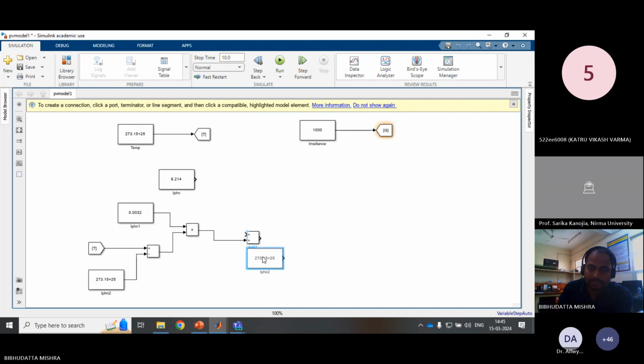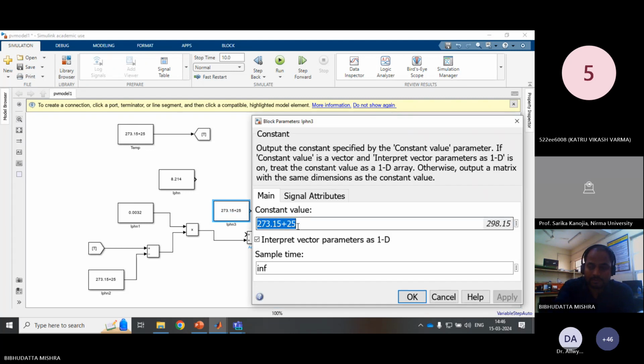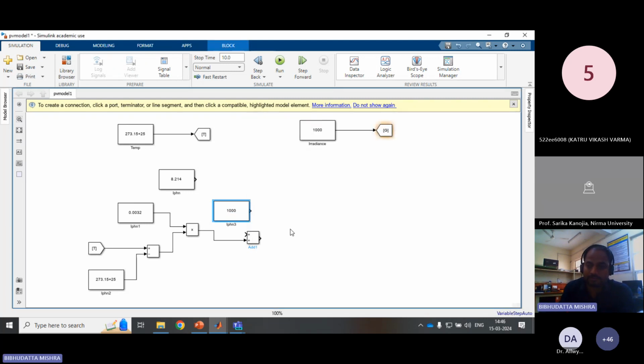We are taking 1000 watt per meter square for Gn, and G is from the from block we can use.